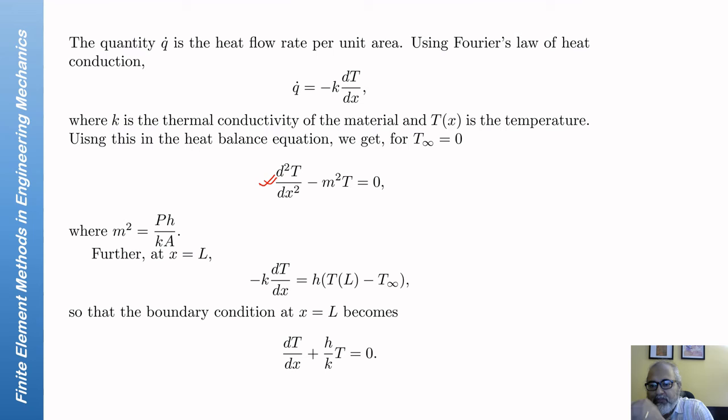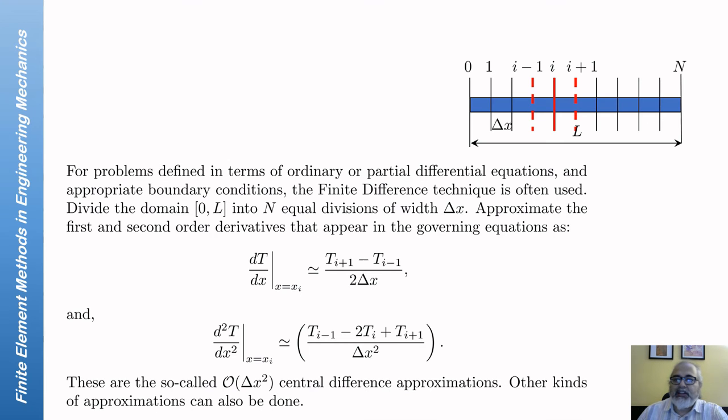One of the ways of solving problems defined by differential equations and boundary conditions is a method called finite difference. So what we can do is first divide the whole length of the fin, it's a one-dimensional problem, into a set of equal divisions.